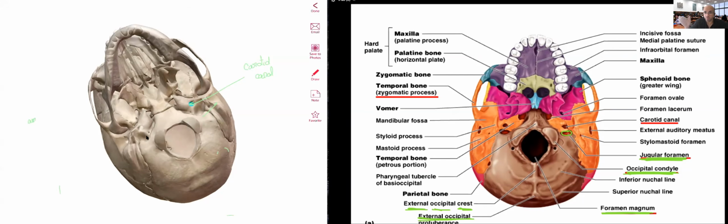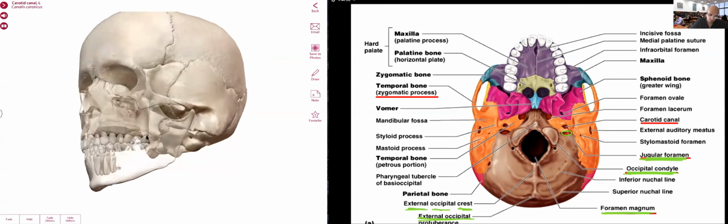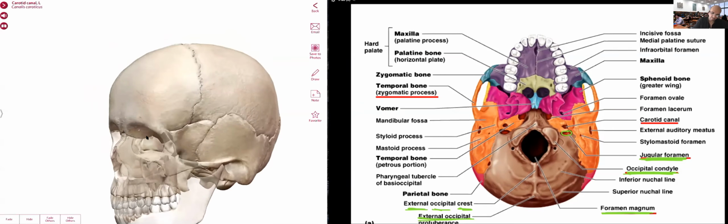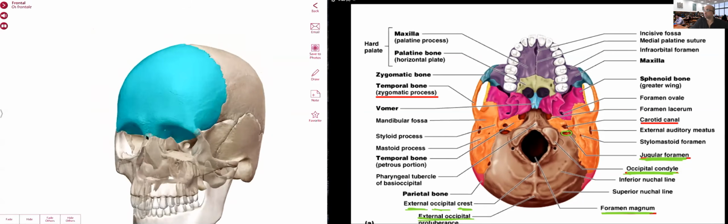Carotid canal. So again, what did we mention so far? We've seen the frontal bone, the glabella, and the supraorbital foramen.